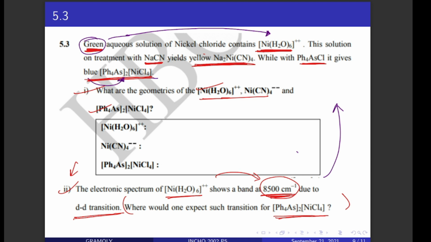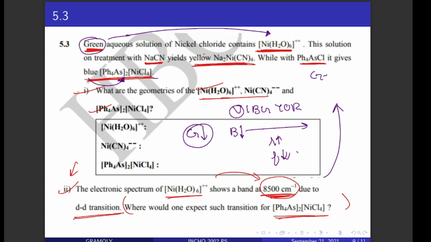So as we all know, green in VIBGYOR comes after blue, which means that when you go from violet to red, there is an increase in lambda but a decrease in frequency. So the frequency of green color is less than that of blue.